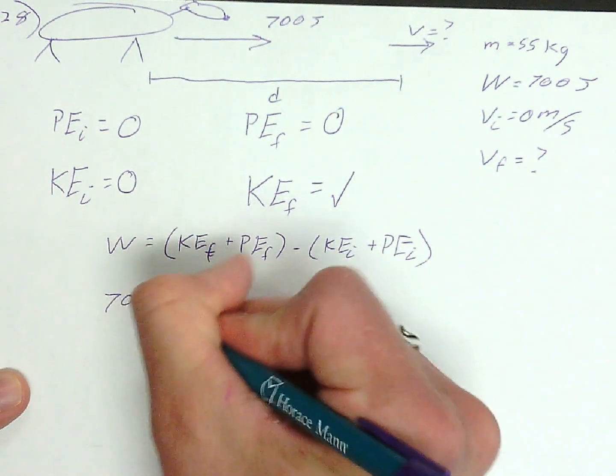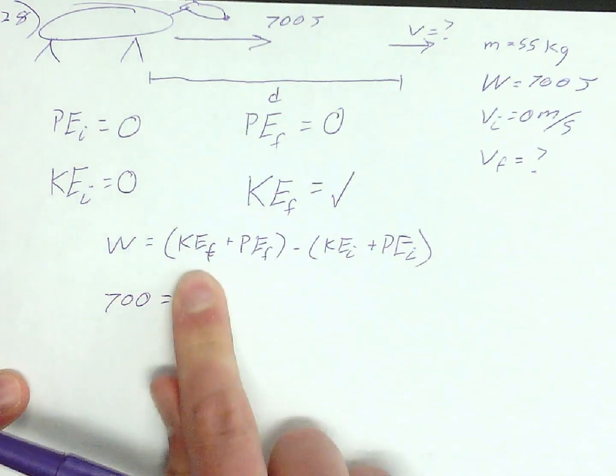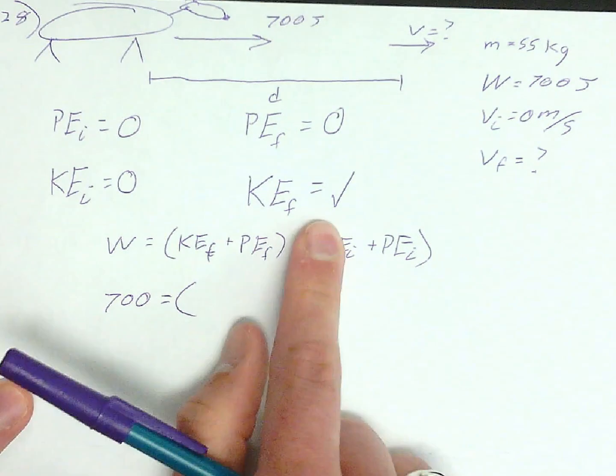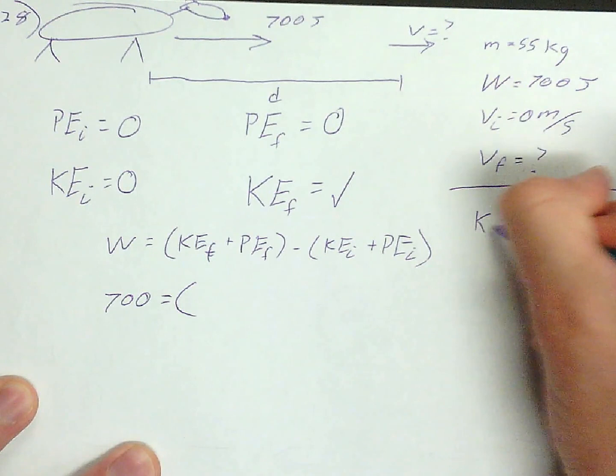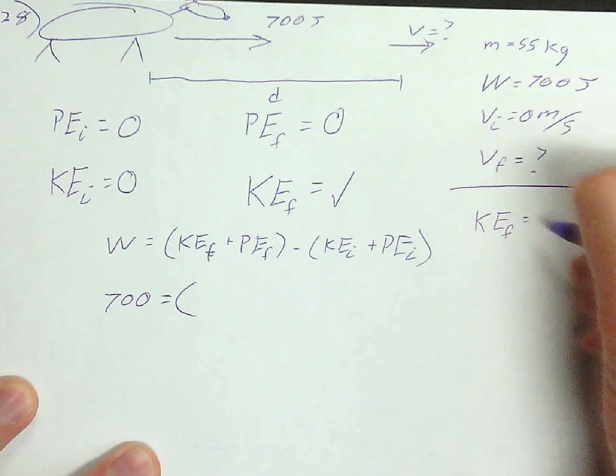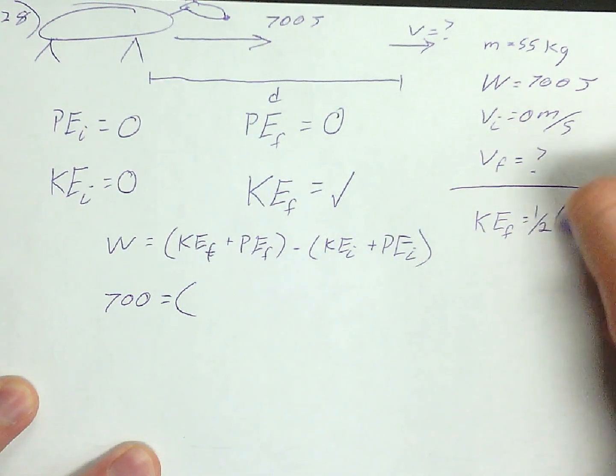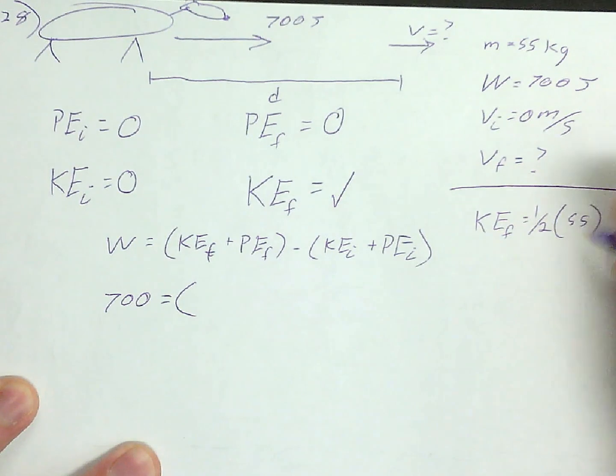So 700 equals final kinetic energy. I don't know what that is, so I need to figure it out over here. KEF equals 1/2 times the mass times the velocity squared. I don't know how fast Cujo is going, so I just write VF squared.